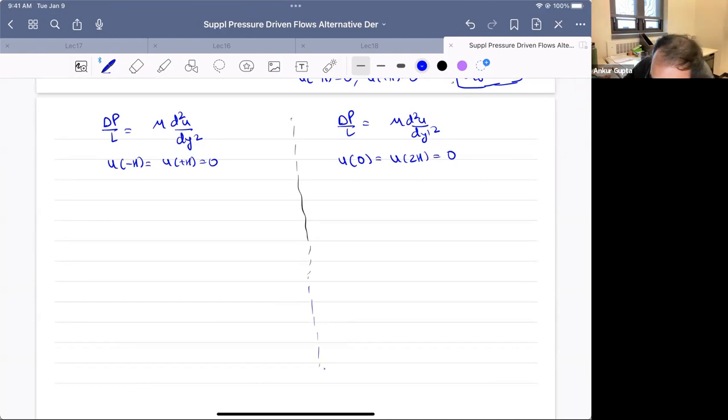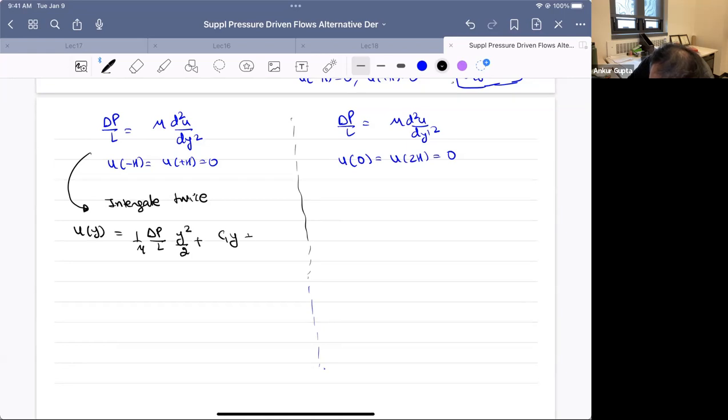Okay, so I will skip some steps here which are not difficult. We did this in class. So I will just write u of y, integrate twice. So I will get delta p by L, 1 by mu, into y square by 2 plus c1 y plus c2. Okay, so this is what my integration will bring, and by the same logic here I will integrate twice.